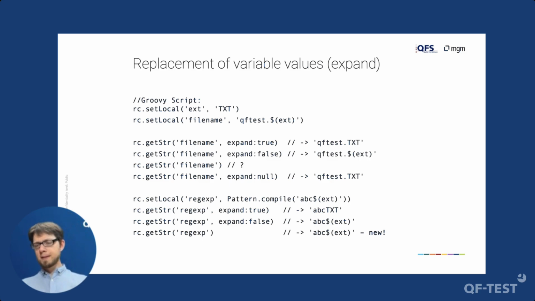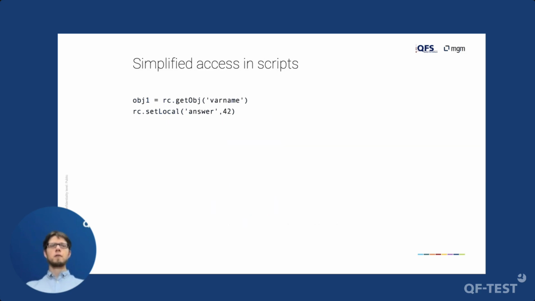Another interesting thing is how to get those values in scripts. We already have seen we can get a value with get object of the variable by name. We can set, like before, those variables with set local or set global.